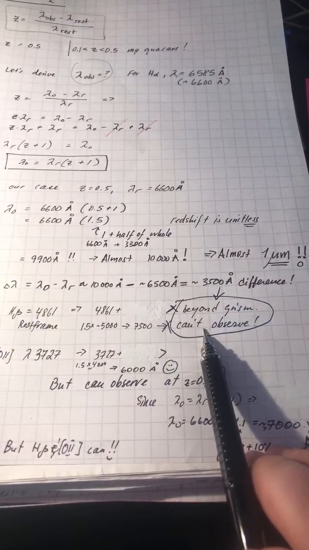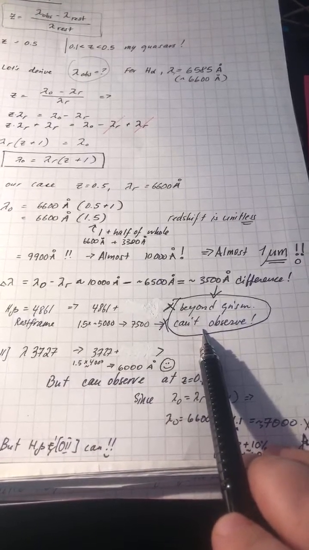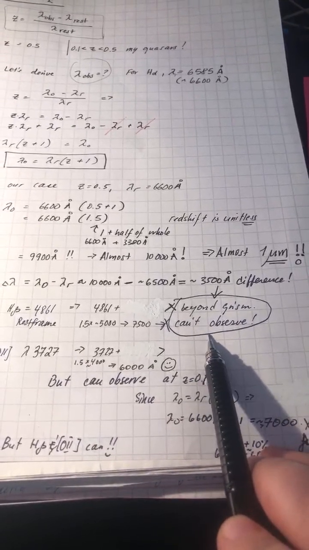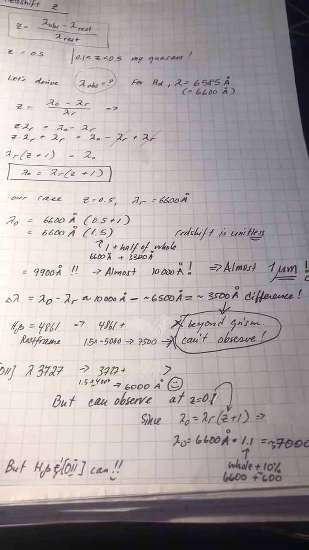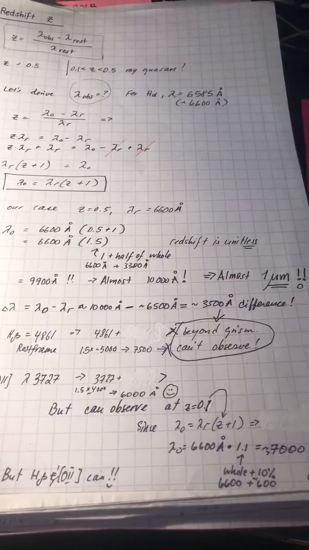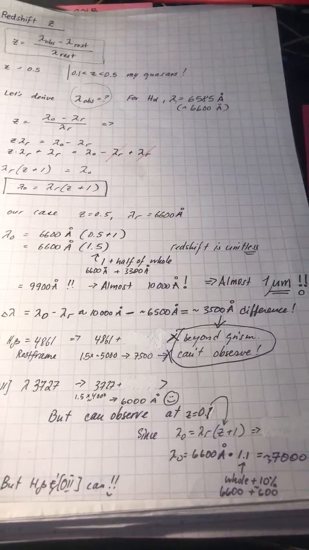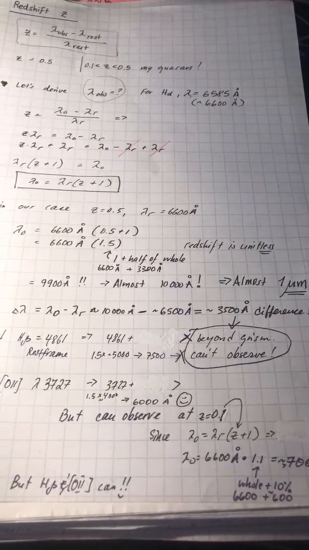So actually, it is beyond the GRISM capability of the NOT telescope, which I used, and it couldn't be observed. The GRISM was GRISM number 7 of the NOT telescope with ALFOSC. So that's why I used this information in order to plan which GRISM to use.